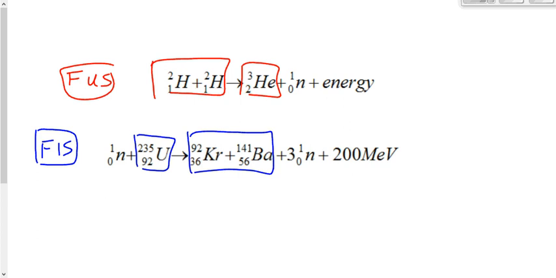Uranium-235 with a neutron, that's 236 protons and neutrons. In the fusion reaction, we have how many protons and neutrons? 4. So there's way more to react in a single fission reaction than in a single fusion reaction.